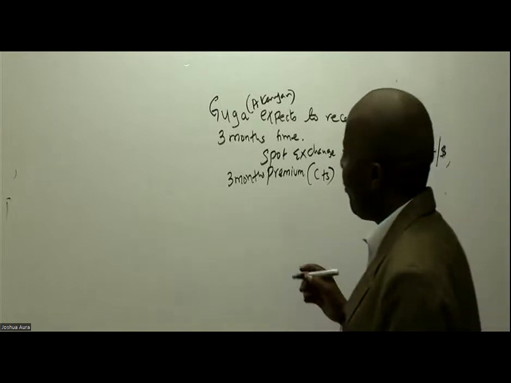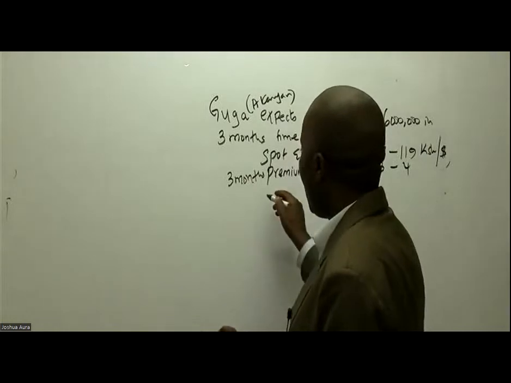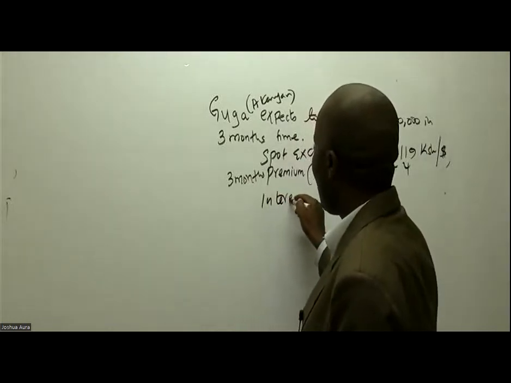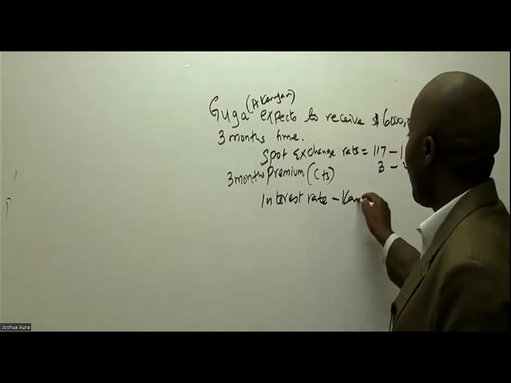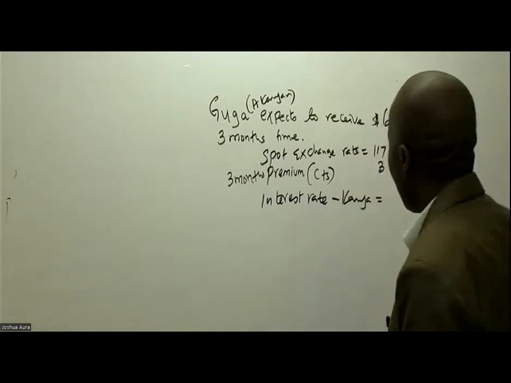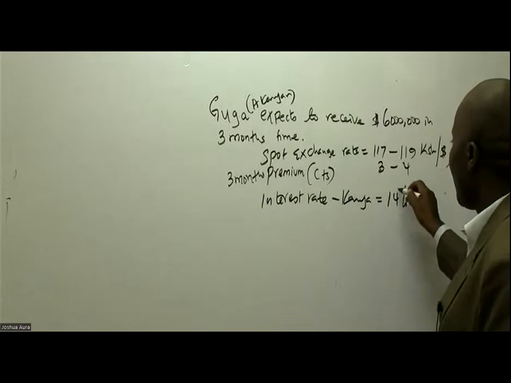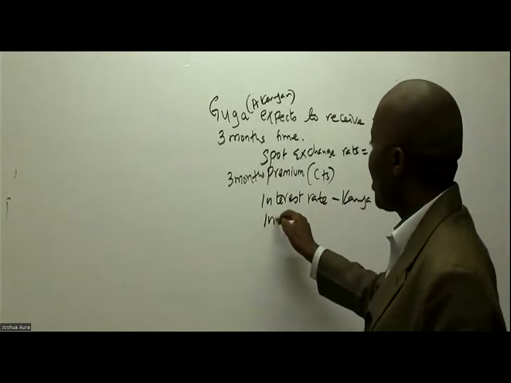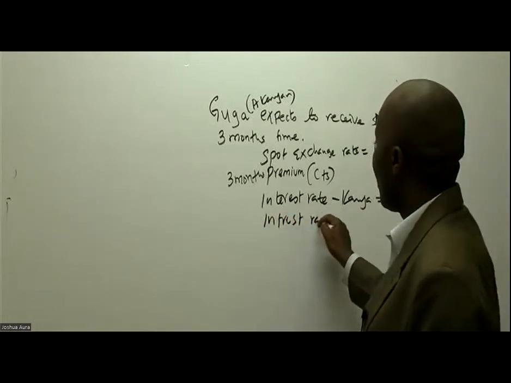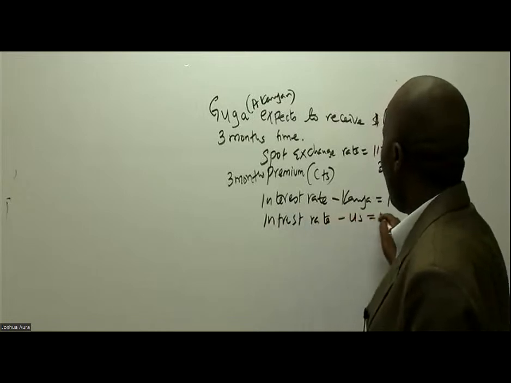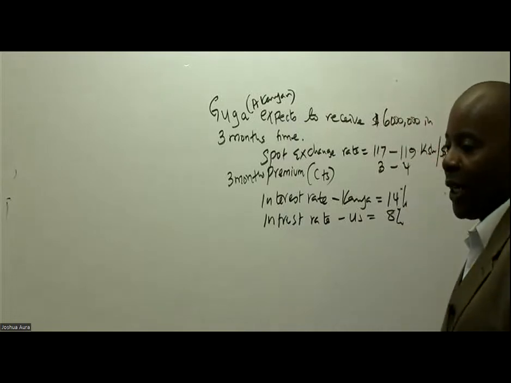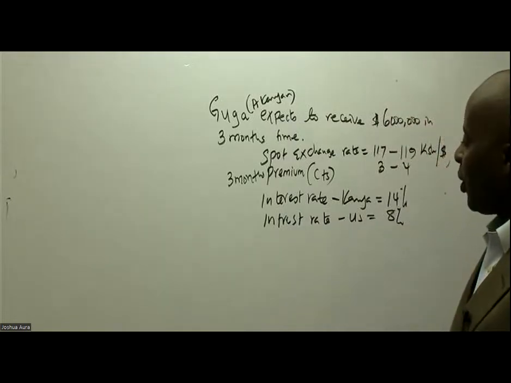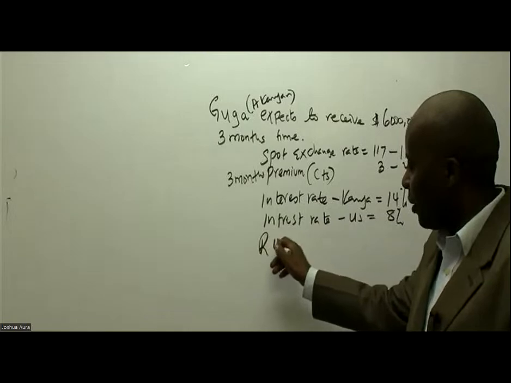Then they'll give you just a simple thing. They'll tell you interest rate Kenya equals 14%. Interest rate US equals 8%. All right. And then you'll be required to do something very simple.